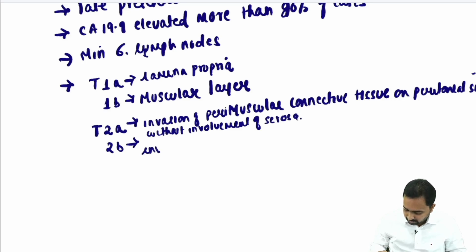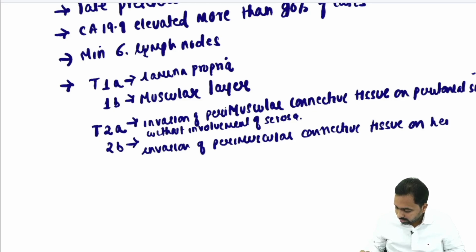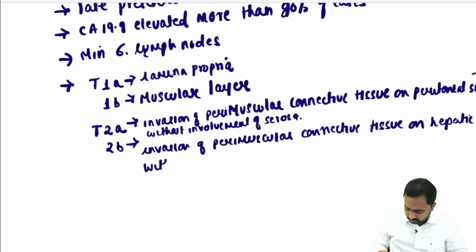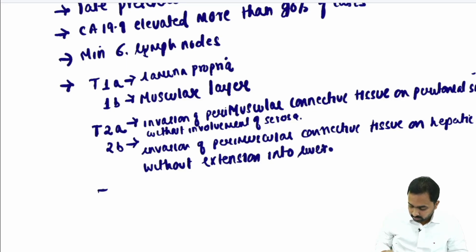Now 2B is invasion of perimuscular connective tissue on hepatic side without extension into liver.